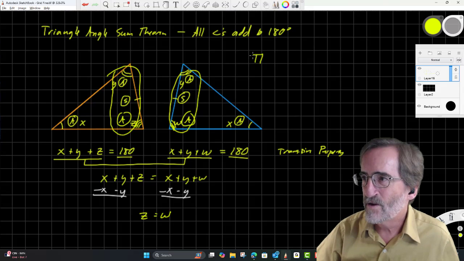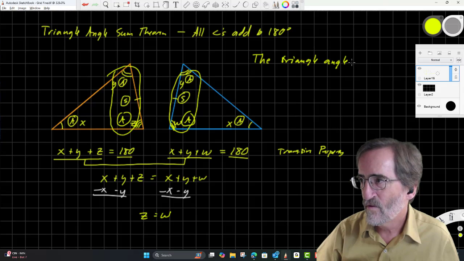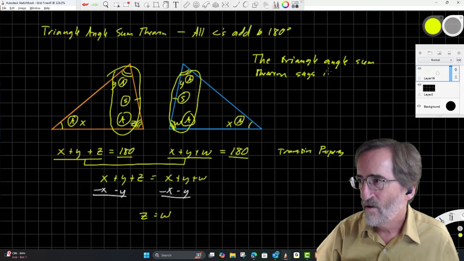The triangle angle sum theorem basically says if ASA is true, so is angle, angle, side.